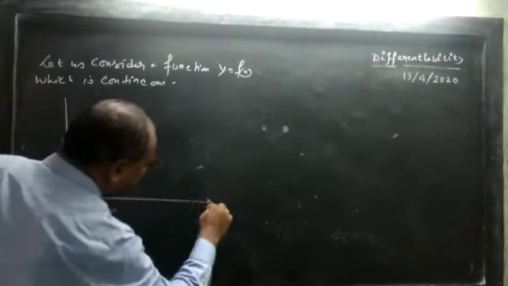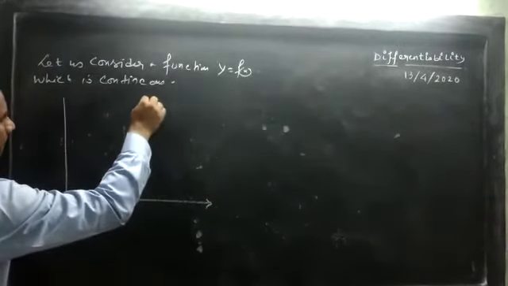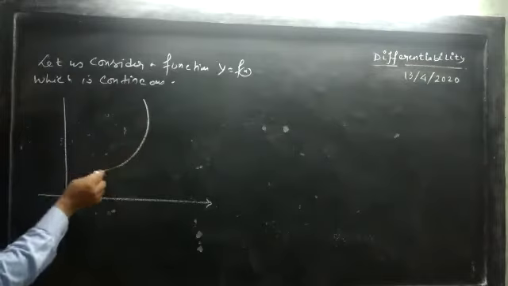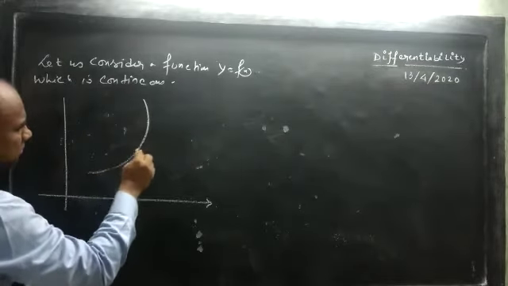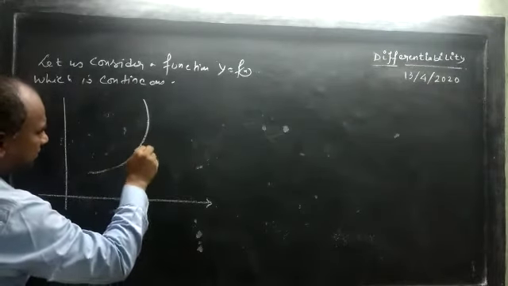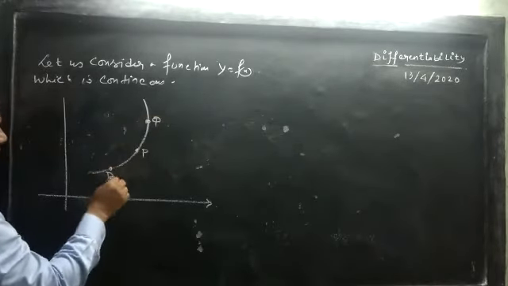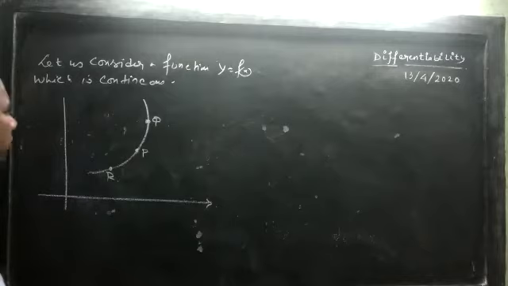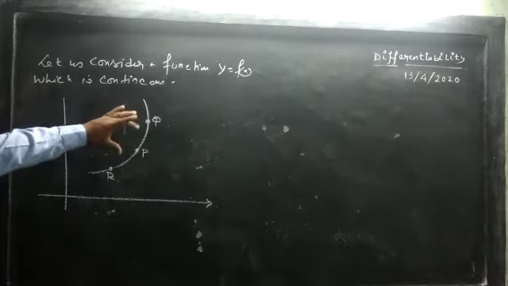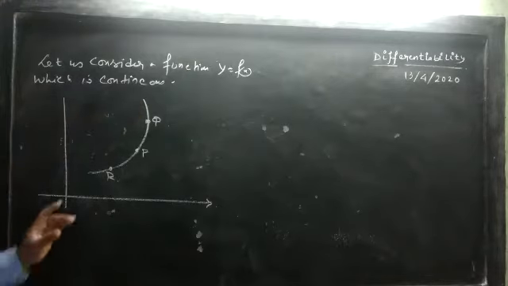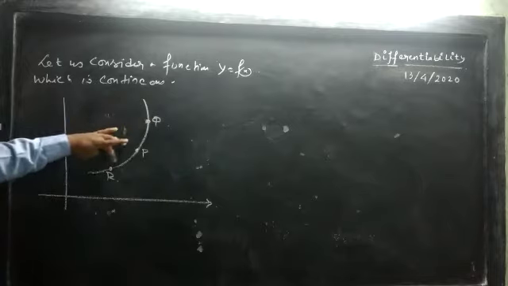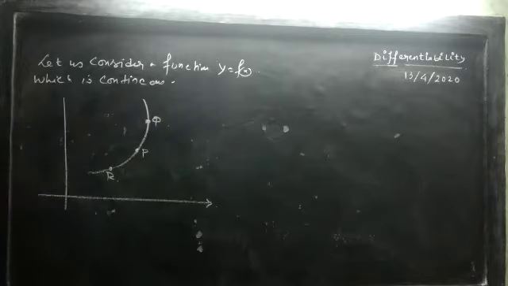Let's see the curve part. Suppose there are points P, Q and R, where Q and R are in the very close vicinity of point P. That means Q and R are very close to point P, at an infinitely small distance.